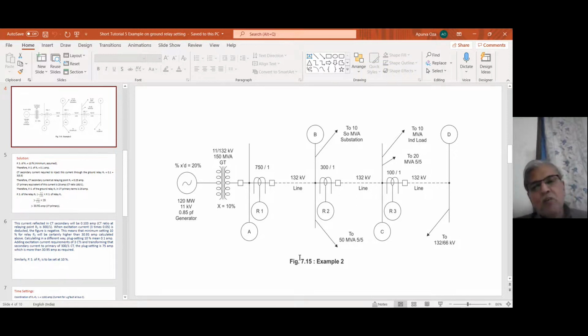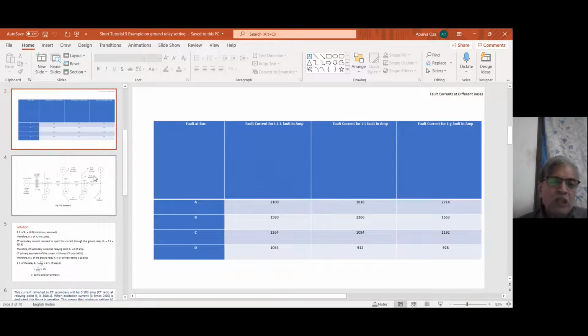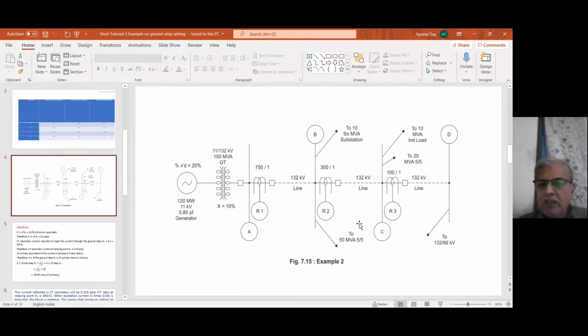For that you will have to find out PSM. PSM for which fault current? PSM for maximum fault current, and that is at bus C that we had talked about. Because the fault current at bus C and immediately after the breaker does not differ much. They are more or less the same, because the breaker is hardly 10 meters away from the bus, right?